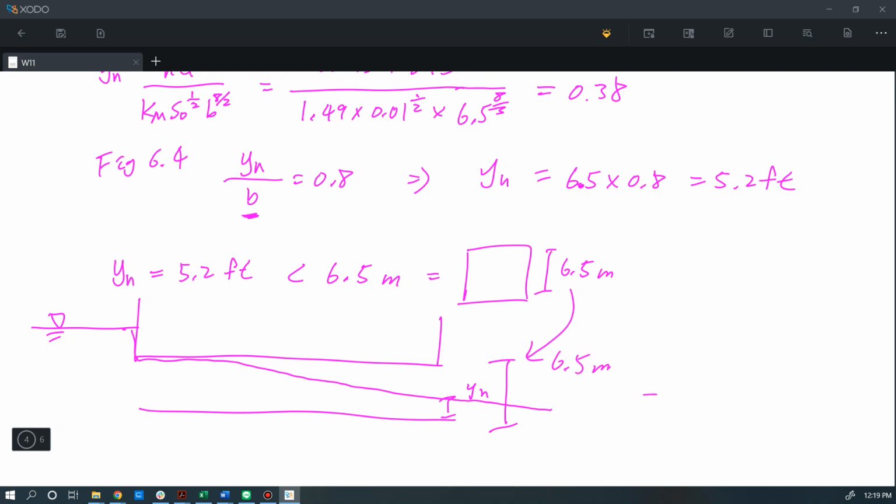So we verify the flow in this profile, and we can conclude that this satisfies our assumption that this is indeed case C.